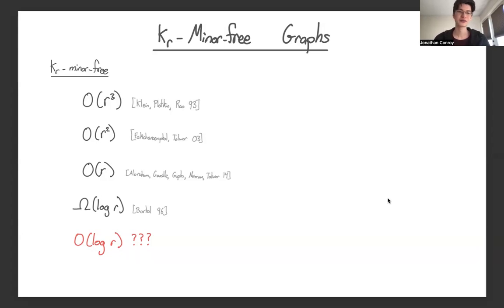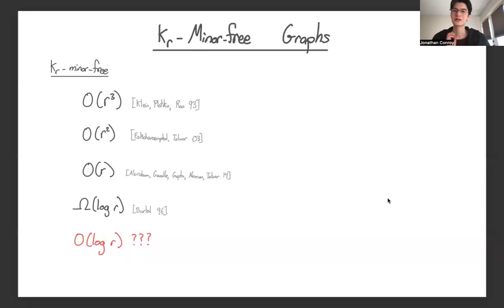And then later, through some completely different approach, which will be important for us, Abraham, Gavoille, Gupta, Neiman, and Talwar showed that minor free graphs have padding parameter at most R, and they conjectured that the right answer was log R. Note that there is a trivial log R lower bound that's inherited from general metrics because any n-vertex graph excludes a K_{n+1} minor.